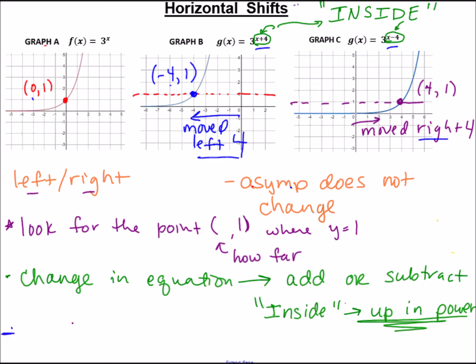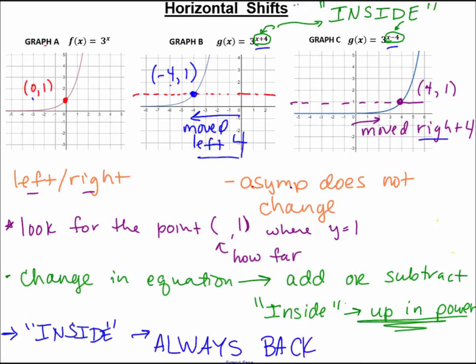Anytime you see inside changes, it's always backwards of what you would think. So if you added to the equation, then you actually moved it left. If you subtracted, then you actually moved it right. And you're going to hear me say it's happening inside. That means it's backwards. You'll hear me say that a few times.